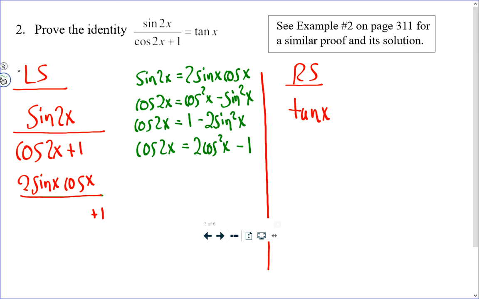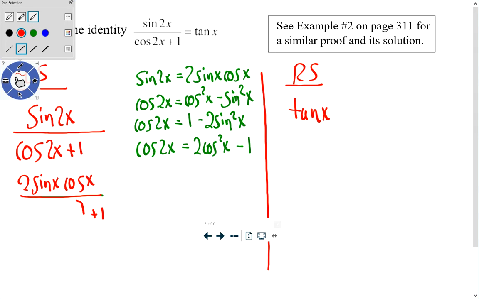And you have to ask yourselves which of these three I'm going to put down here. Which of those three substitutions would be the wisest move? So for example, what would happen if I put cos squared minus sine squared in that set of brackets on the bottom? What would happen if I put 1 minus 2 sine squared in that set of brackets? What would happen if I put 2 cos squared minus 1?